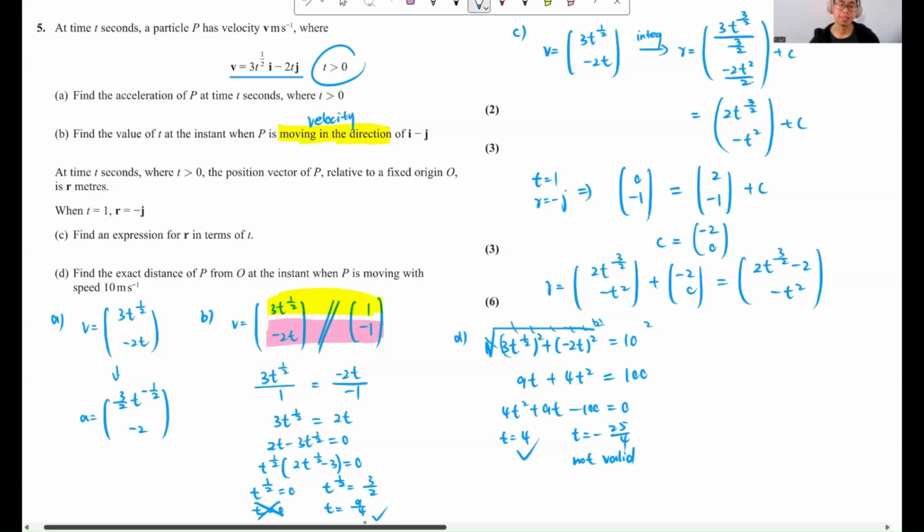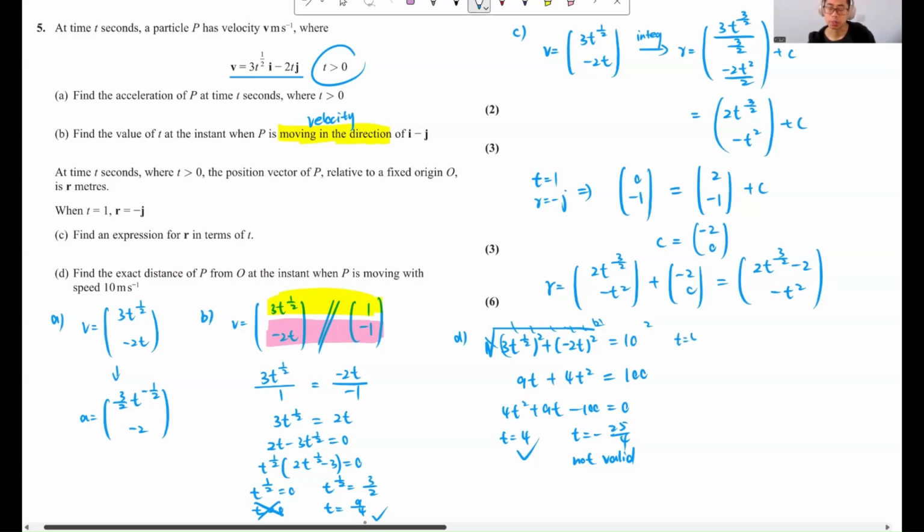And then we want to find the exact distance of P from O. So if you want to find the distance of P from O, you need to find the position at that instant. So if you're looking for position, you just substitute into the position vector, r equal to 2t to the power 3 over 2 minus 2, and then negative t squared when t equal to 4.